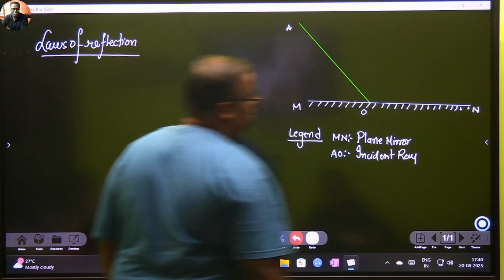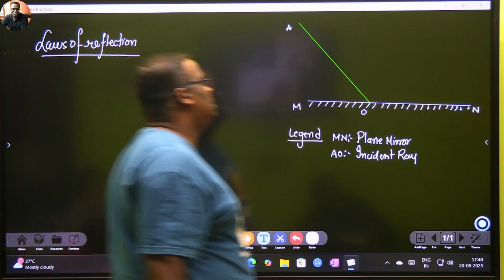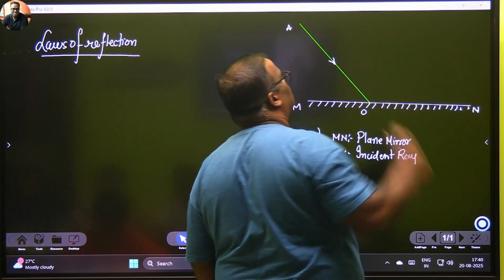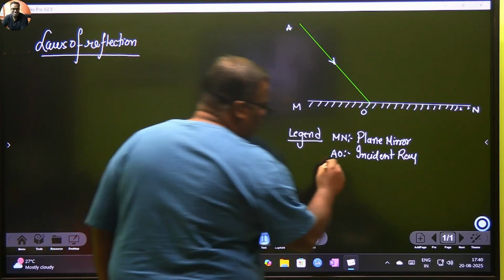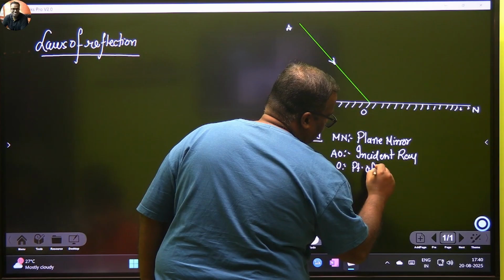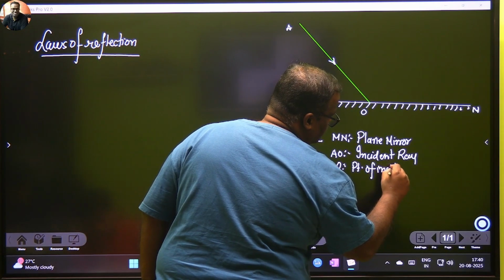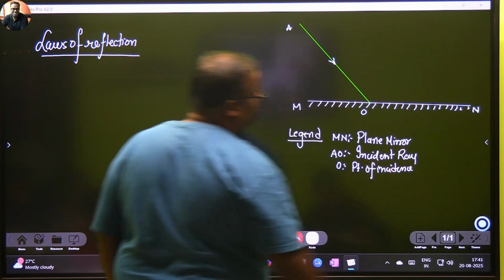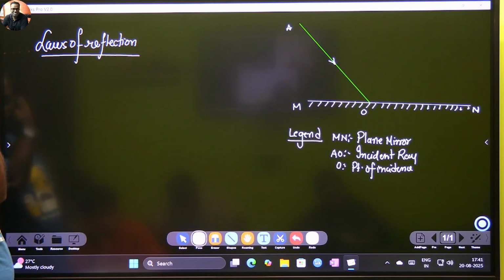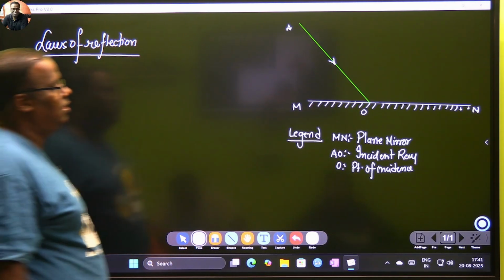Since it is incident, I should be showing that it is coming incident on this side, so there's an arrow. O will be known as my point of incidence. Same thing you'll learn in grade 10 also. Same diagram, same stuff. If you go to the grade 10 video, you will see the same thing I'm explaining.